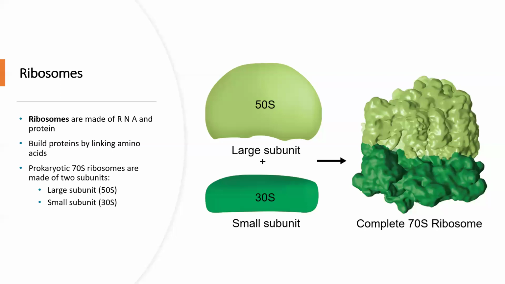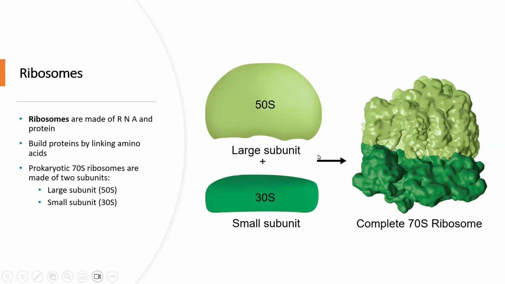Now that S is basically a sedimentation unit. It's like the Svedberg unit or something like that, and it's used for measuring sedimentation on an ultracentrifuge. Basically, where does it fall out in a tube when it's centrifuged down?